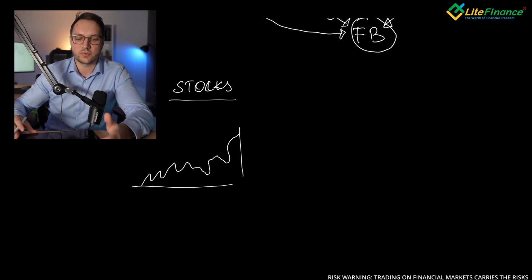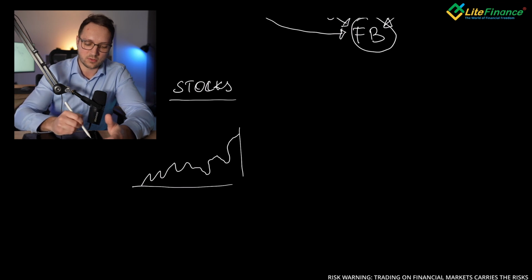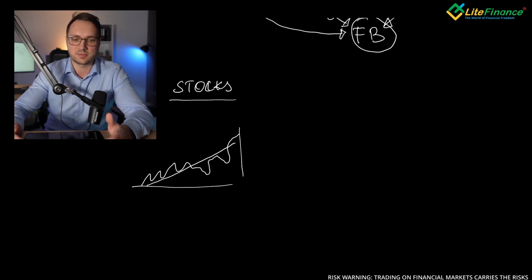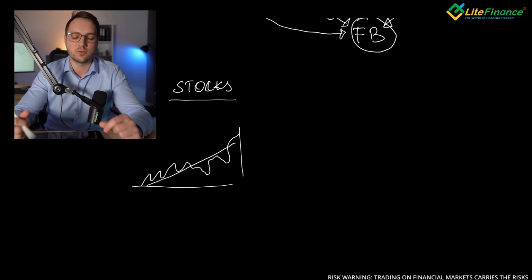The price would differ from time to time, but the overall trend is to the upside, because stocks refer to the company's economic condition. And as we know, most often companies are developing, growing, and making profit. That is their purpose in the economy.